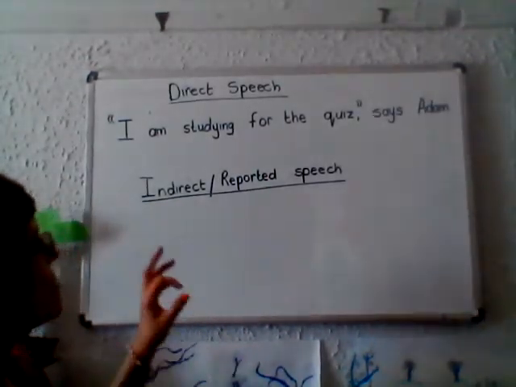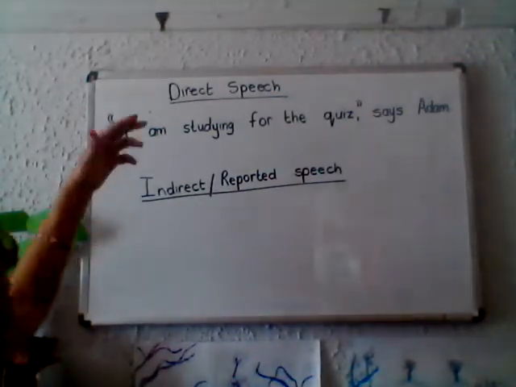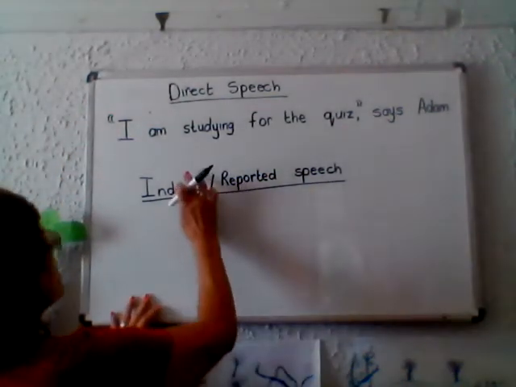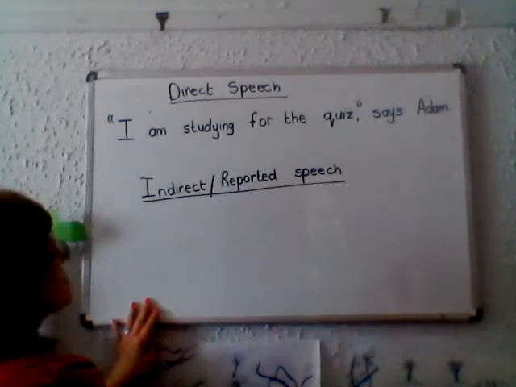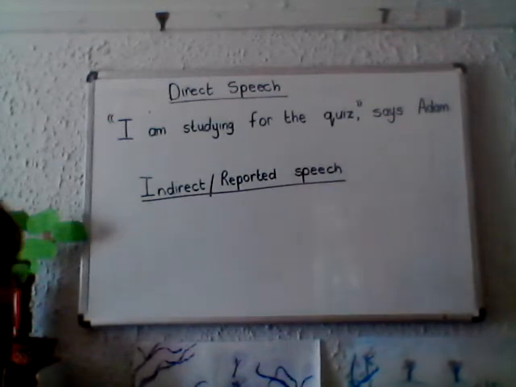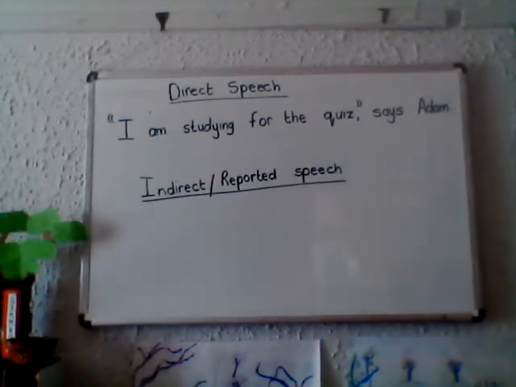Question now, you will see on the board. We are going to discuss now direct and indirect speech. You have already done that in grade 6, so it's not very unfamiliar. We're just going to revise it. Direct speech is a person's direct words. So he is speaking at the moment.